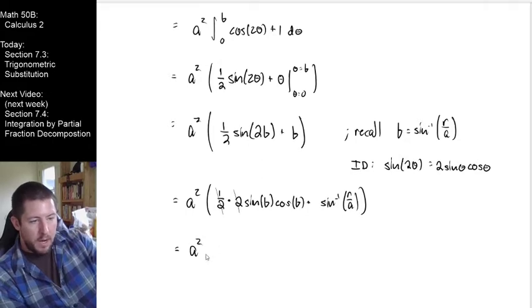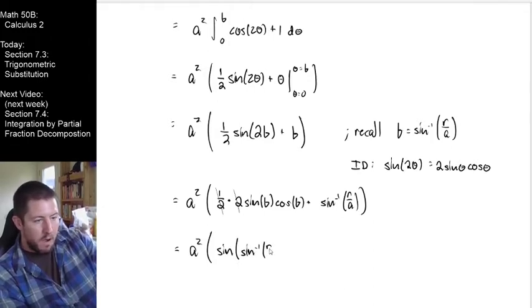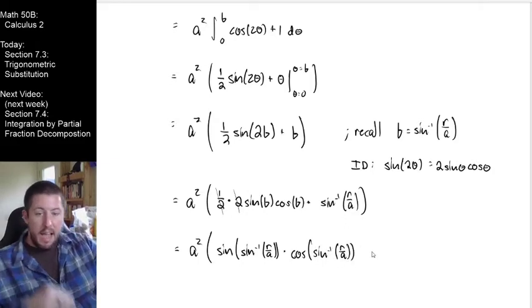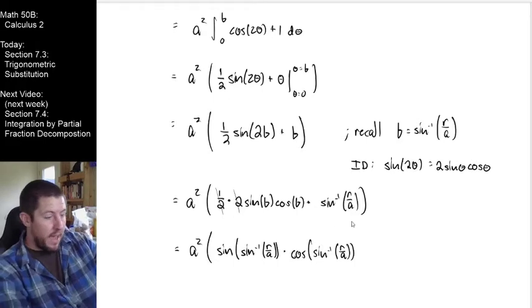So I've got a squared times a sine of sine inverse of r over a, that's going to be pretty easy, times the cosine of sine inverse of r over a. It looks like I'm actually going to have to put a little bit of effort in to figure that guy out. And on the end, plus our just trailing along sine inverse of r over a.